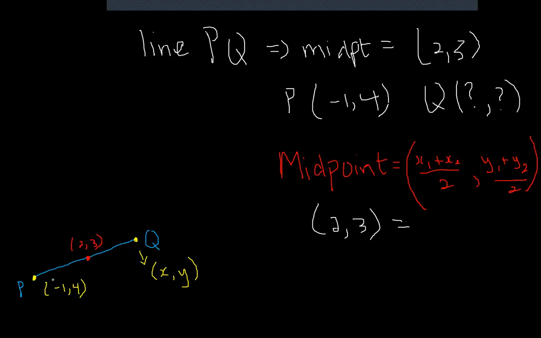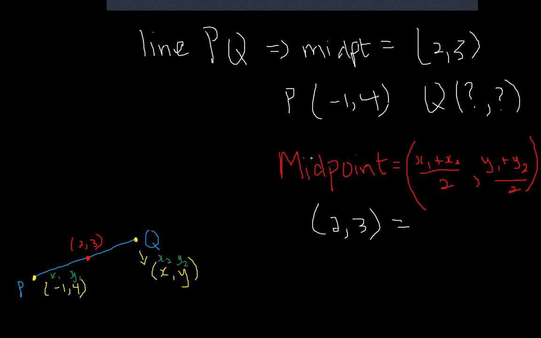Remember to label whichever coordinates you want as x1 and y1, and which one you want as x2 and y2. In this case, this would be x1, this would be y1, my bad, x2, y2.